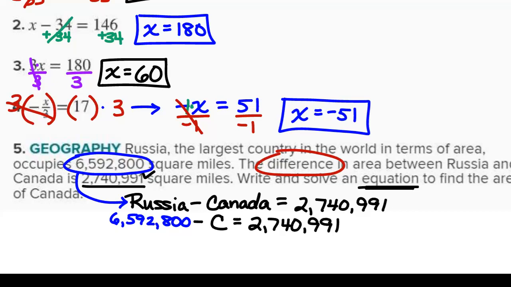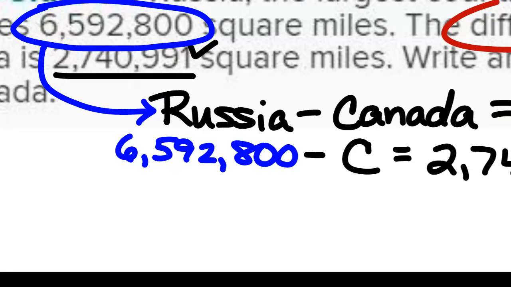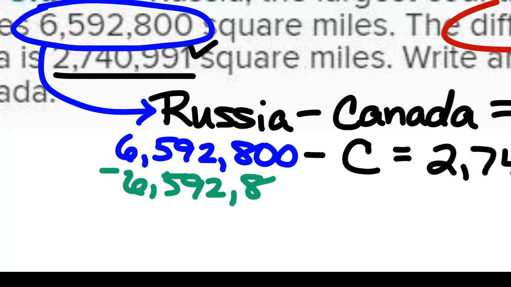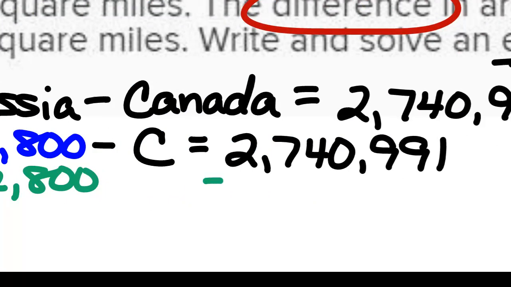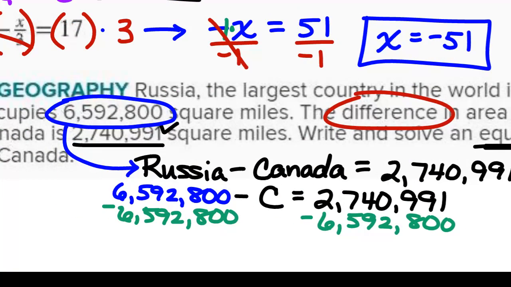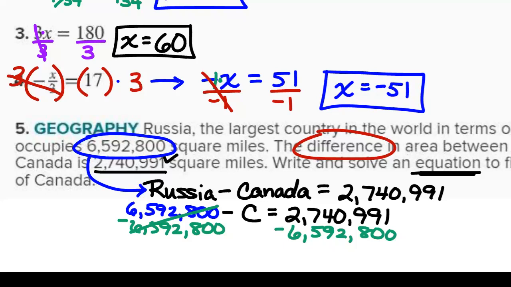What am I subtracting? The Russia size. So minus 6,592,800. If you do it to one side, you have to do it to the other side. So minus 6,592,800. Cancels out on the left.